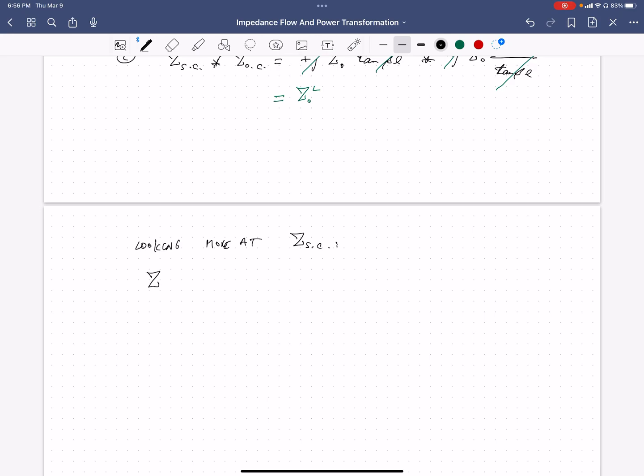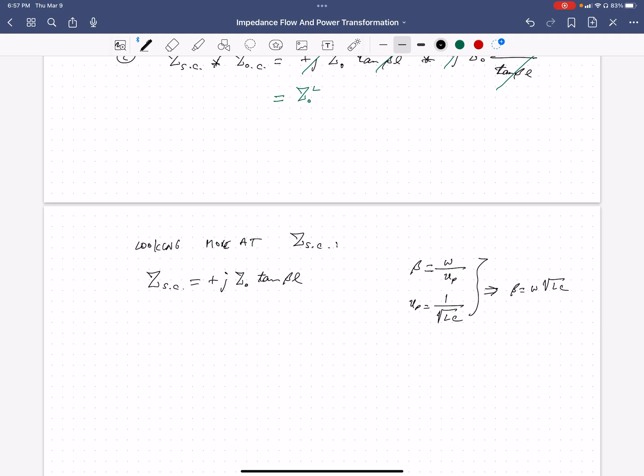So that is plus J Z0 tangent of beta L. And then remembering the definition that beta is omega over the phase velocity, and the phase velocity for a lossless transmission line is 1 over square root of LC, this combination tells us that beta is omega square root of LC.